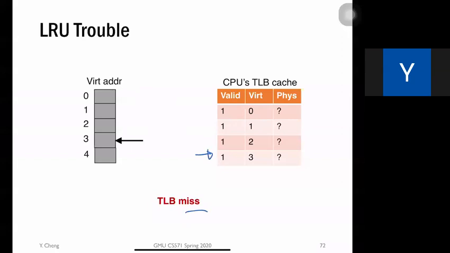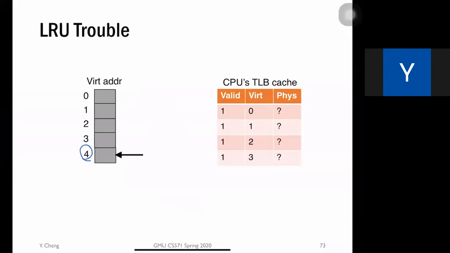And guess what? The next virtual memory access is going to hit on the very last virtual page, right? So as expected, the next virtual address access takes another stride and targets the last virtual page, which is virtual page number 4.